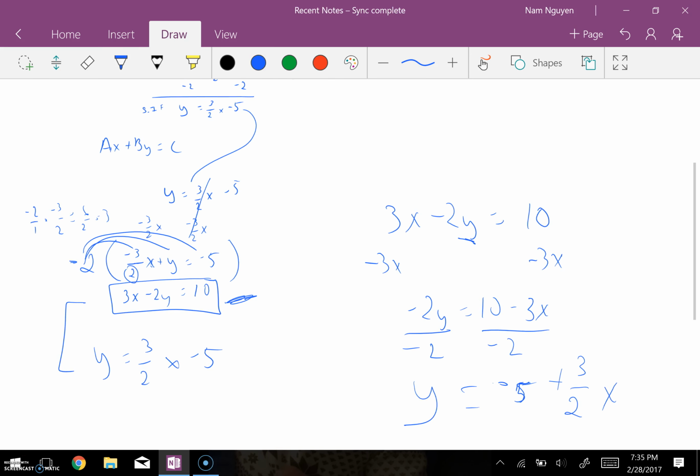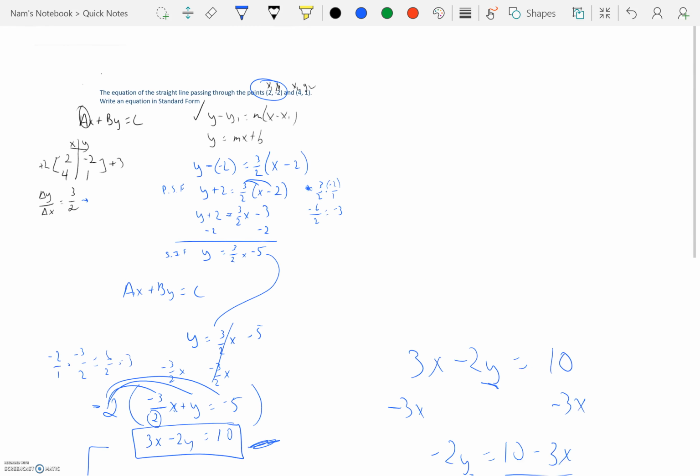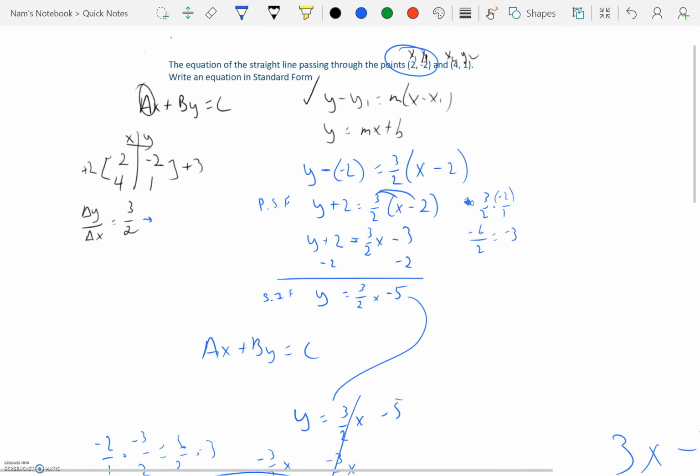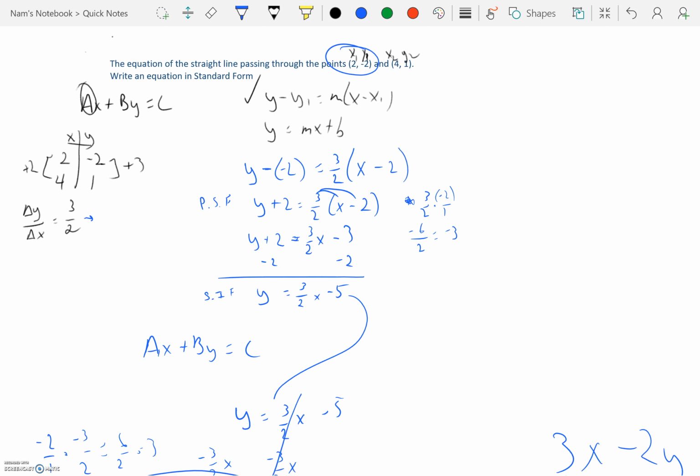Okay, so this is what happened. I was given 2 points. First thing I did was step 1, find slope. Step 2, I used point slope form.